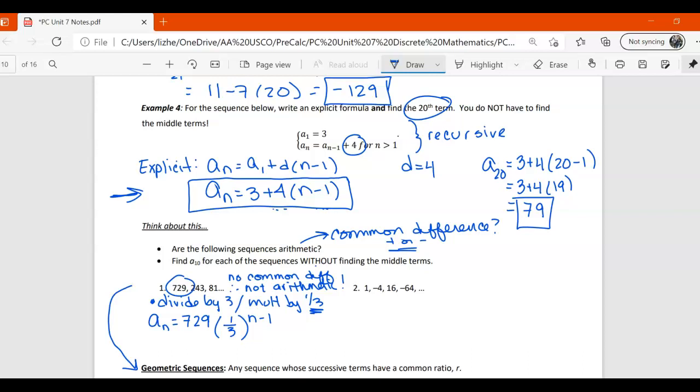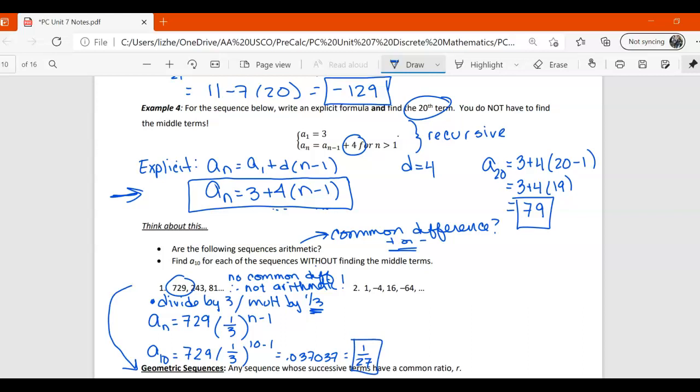And so we're going to say, what do we want to find? Find a to the 10. So we'll say 729 times 1/3 to the 10 minus 1, which, sticking that in your calculator, you are going to get 0.037037, which also will simplify to the fraction 1/27, which is a better answer.